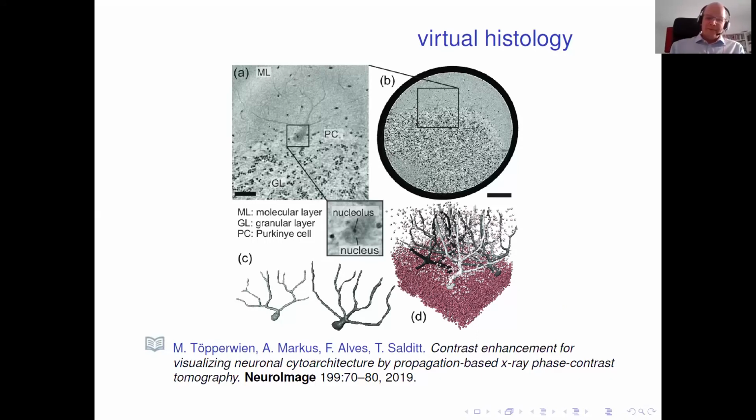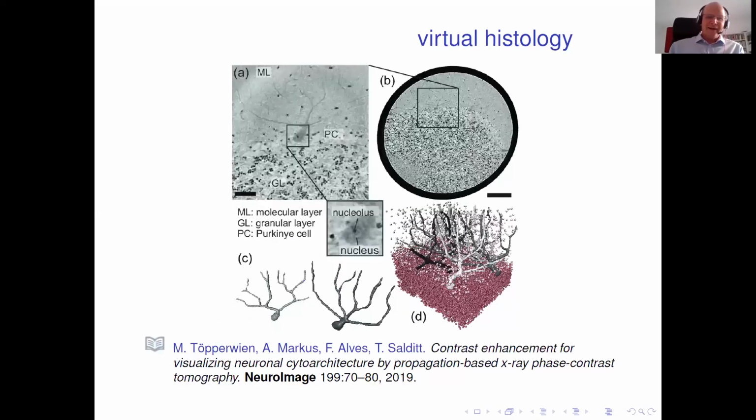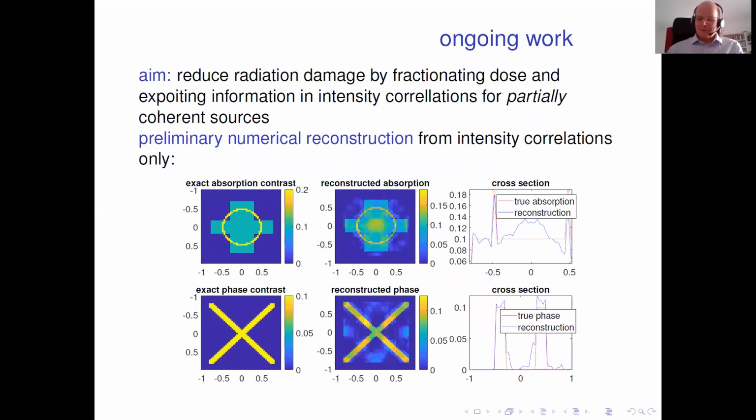Okay, so far the main challenge is high radiation dose. That's also ongoing work. We have new ideas. It's kind of high risk, high gain research, in a new CRC that just started in January in Göttingen.